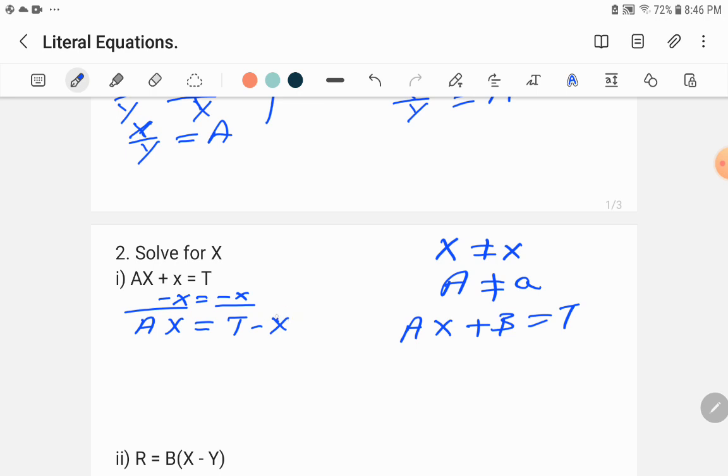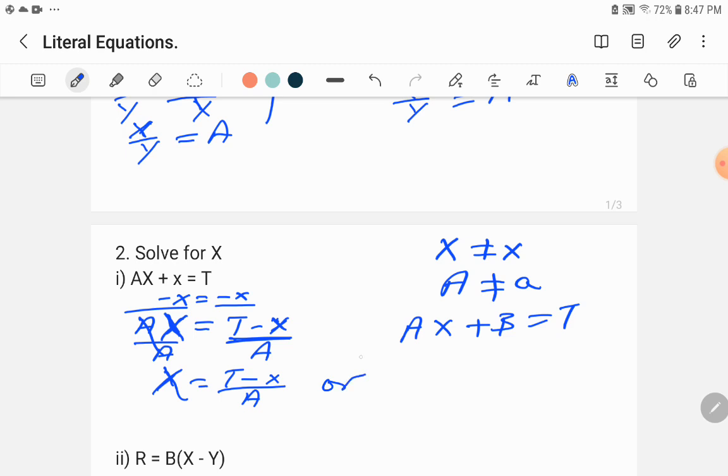So there's a lowercase x on the right. Let me make the capital X a bit bigger. And now here we just divide both sides by a, okay? Like this. So here X, large X, is equal to t minus lowercase x over a.